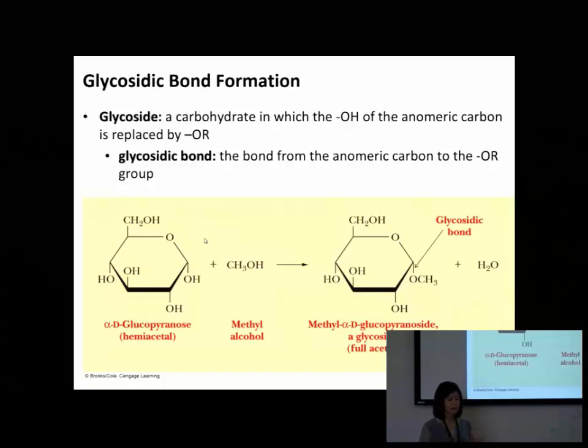I don't want to confuse you guys too much, but if this was just a CH2OH, and this was my ketone, this one would attack this carbon. All right? And so you would have a 5-membered ring.